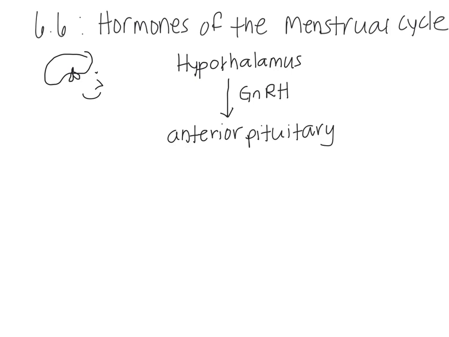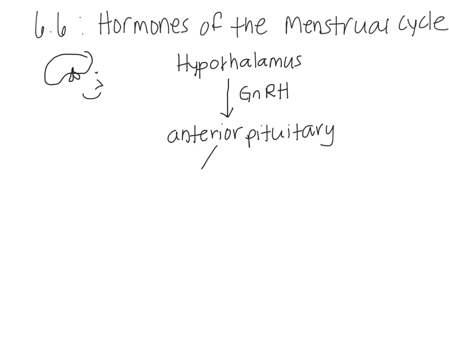That anterior pituitary has cells that are sensitive to this gonadotropin releasing hormone, and when it senses this hormone, it's going to produce some hormones of its own. So this is kind of like a cascade of hormone production.